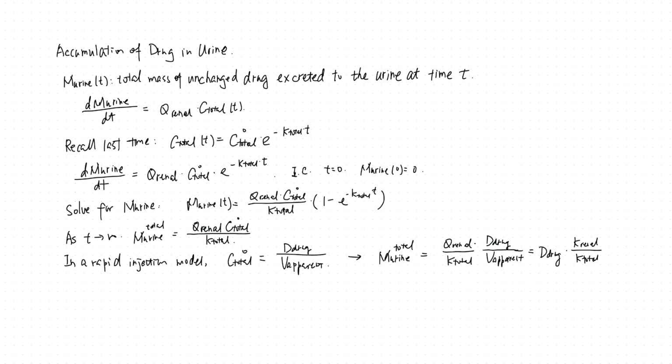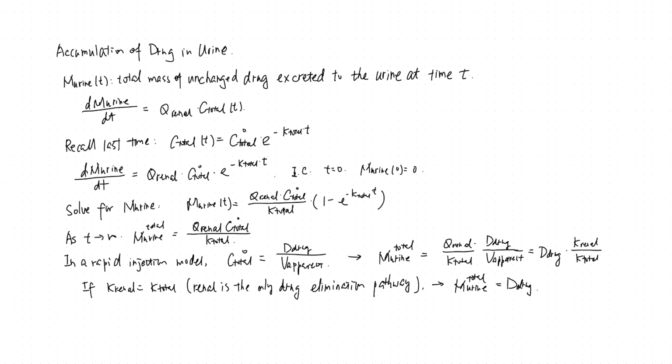So if K renal equals K total, it means renal is the only drug elimination pathway, and we have M urine total equal to the drug dose. It just recovers what we would expect.